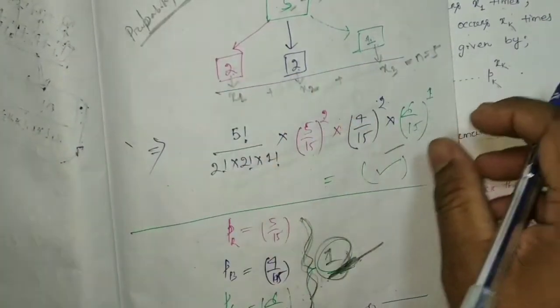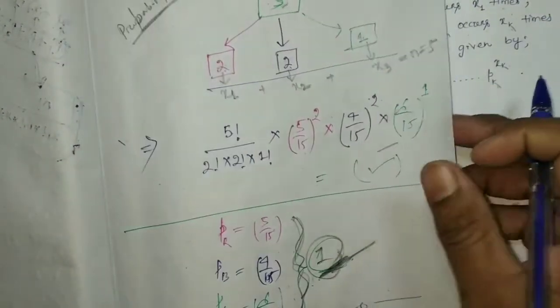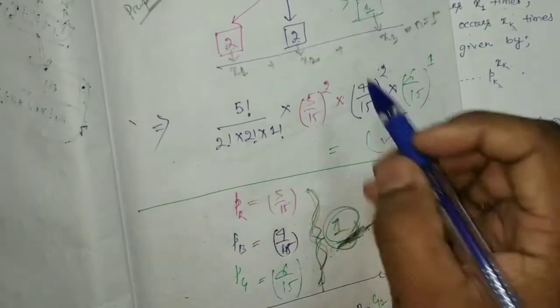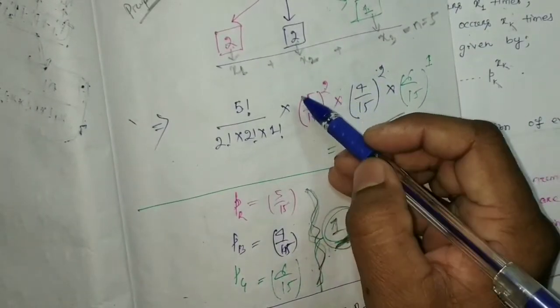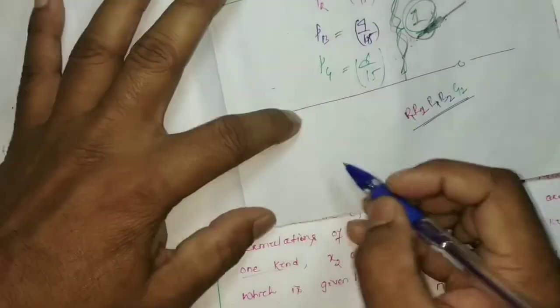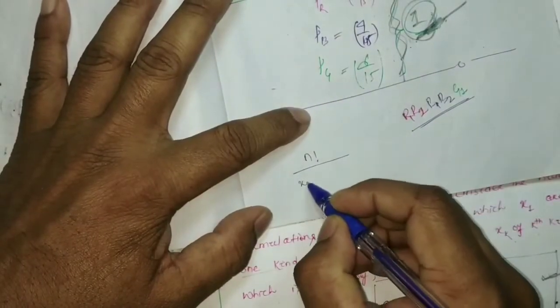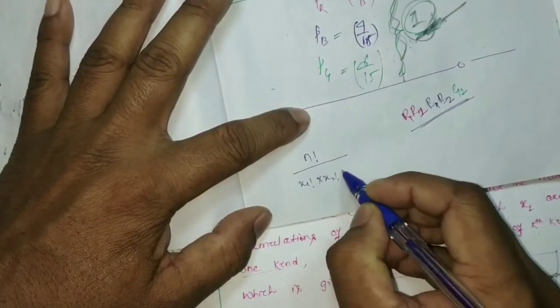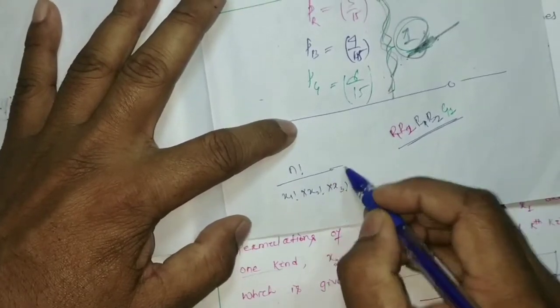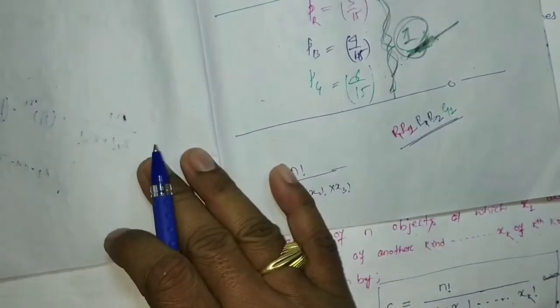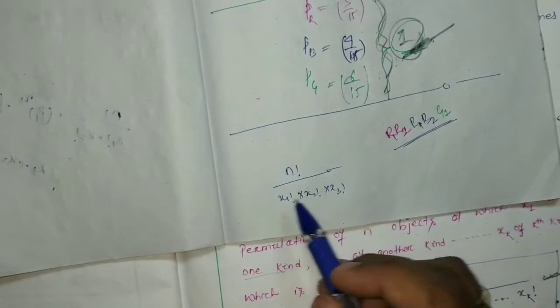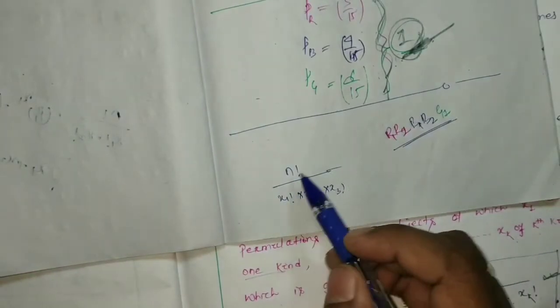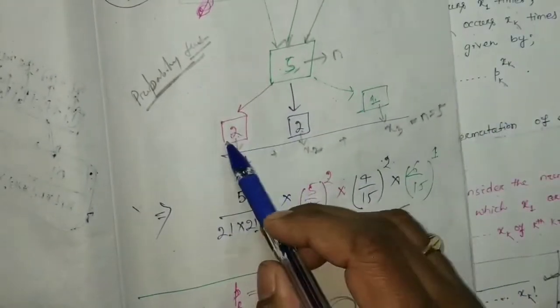But here we are going to use the formula we have discussed for the multinomial distribution, that is n factorial by x1 factorial into x2 factorial into x3 factorial. We don't have other x, only 3 random variables here, x1, x2, x3, and we intend to find 2 red, 2 blue, and 1 green.